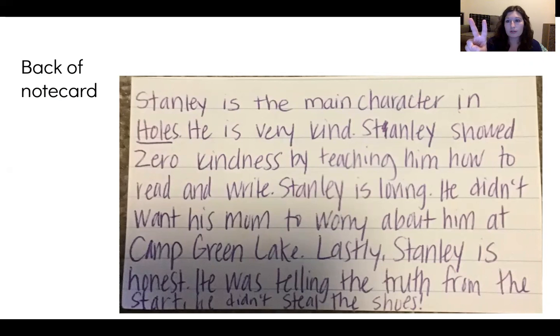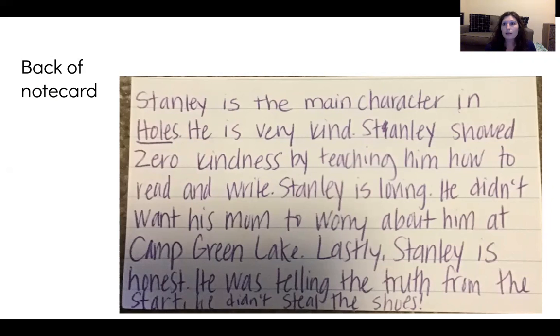Character trait number 2. He didn't want his mom to worry about him at Camp Green Lake. Lastly, Stanley is honest. Character trait number 3. He was telling the truth from the start. He didn't steal those shoes. So this is an example of a character note card that would be hanging from your mobile.